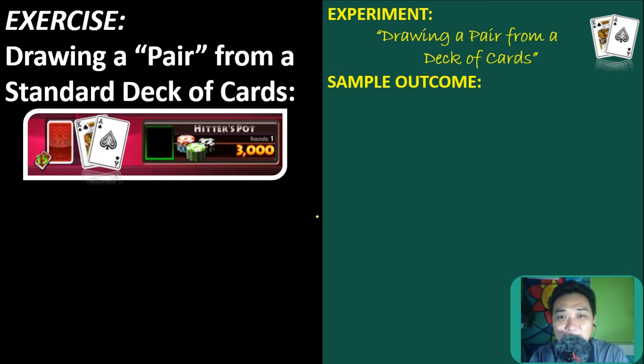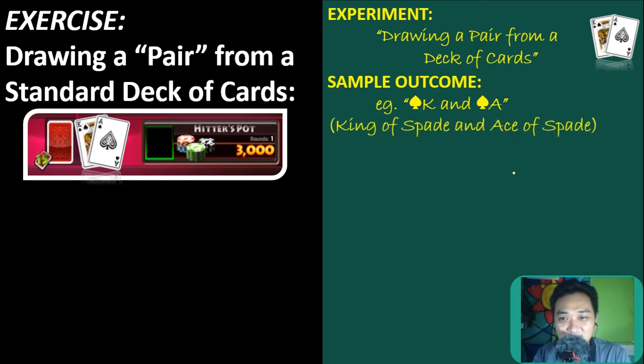So there are a lot of sample outcome for this experiment alone. So let us try to give a specific sample outcome. So in the picture, you can see a king of spade at saka ace of spade. Pares ng baraha, a king of spade and ace of spade.